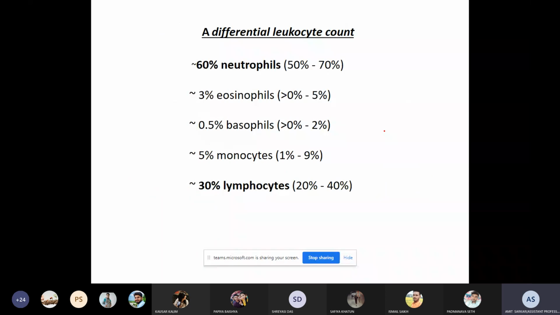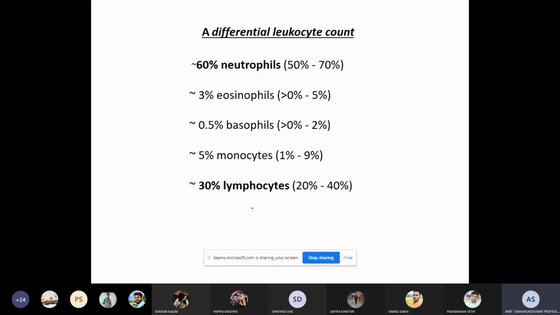Let's see, if you have recently tested your blood, you or some of your family members, two types of blood test are very commonly recommended by doctors, known as TC and DC. TC means total count and DC means differential count. Total count means how many total RBC and WBC are there per ml volume. Differential count means the number of different white blood cells: neutrophil, eosinophil, basophil, monocytes, and lymphocytes.